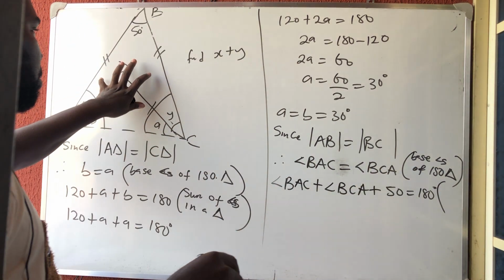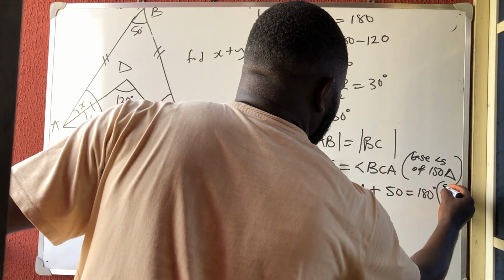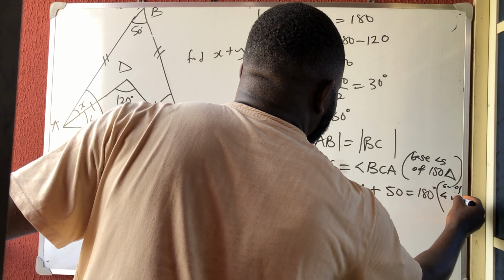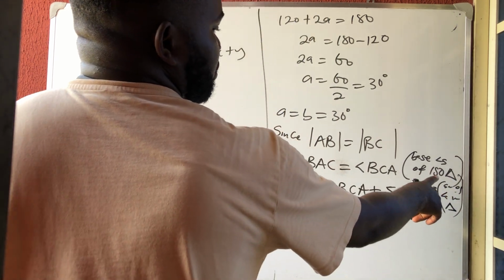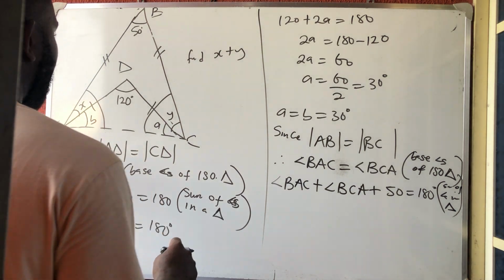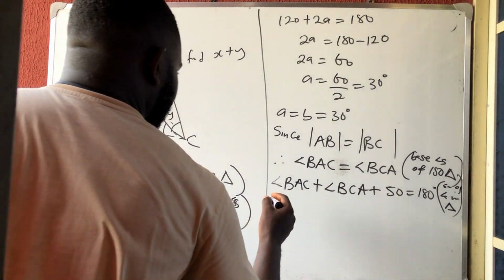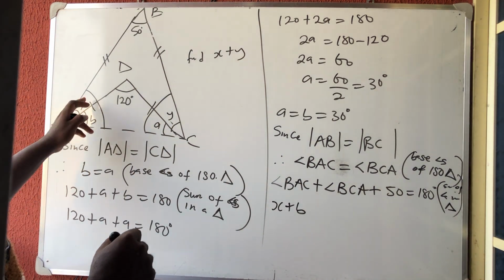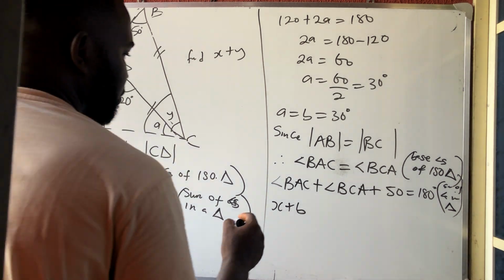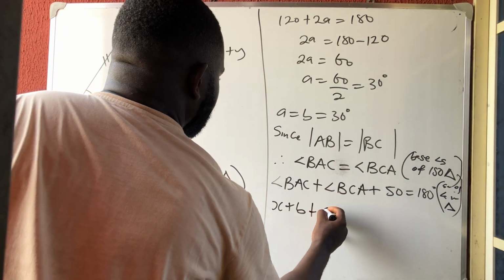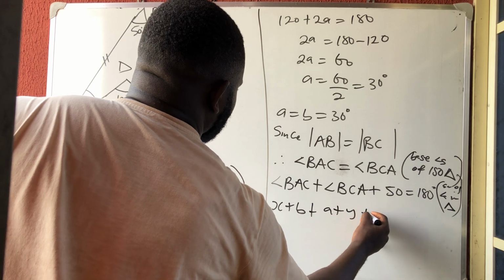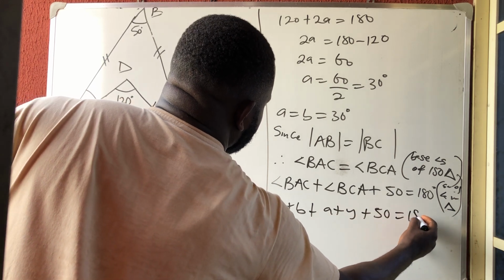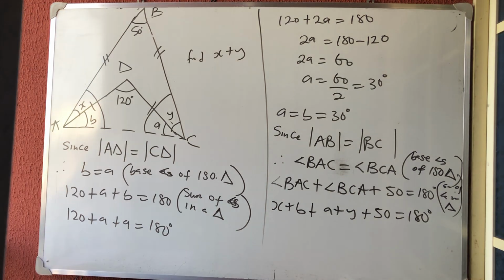What is my reason? Sum of angles in a big triangle. Please write your own very well. Sum of angles in a triangle is my reason. But angle BAC is x plus b, I hope you know x plus b is the total angle. Plus this one is a plus y, plus the 50 is equal to 180 degrees. Okay? So what do we do now?